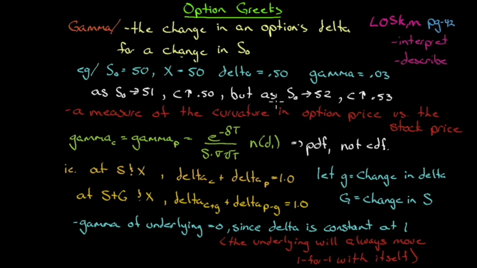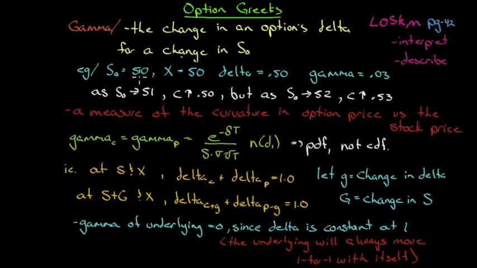However, as S0 goes from 51 to 52, because at 50 we have a delta of 0.5 but a gamma of 0.03, going from 50 to 51 we should rise by 0.5, but the delta at 51 will now be 0.53. So as the underlying goes from 51 to 52, the call option will go up another 53 cents, not 50 cents. So gamma will tell us how delta changes as the underlying changes.